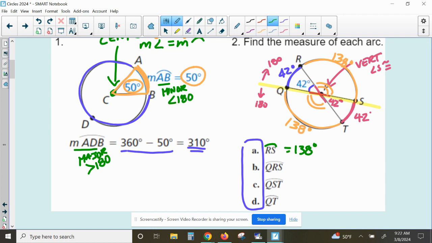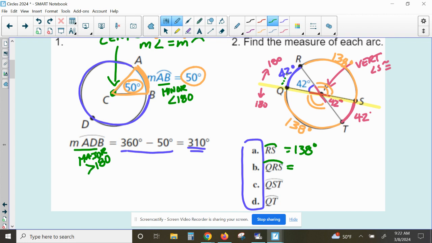All right, the next one is QRS. So remember, that means you start at Q, pass by R, and land on S. Okay, Q. If I go Q to R to S, do I have to go clockwise or counterclockwise?